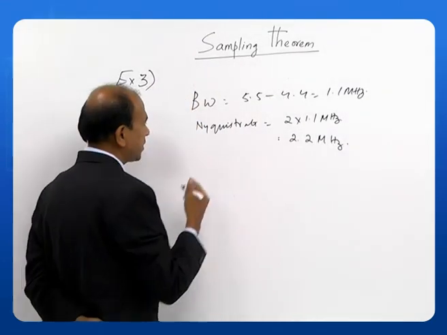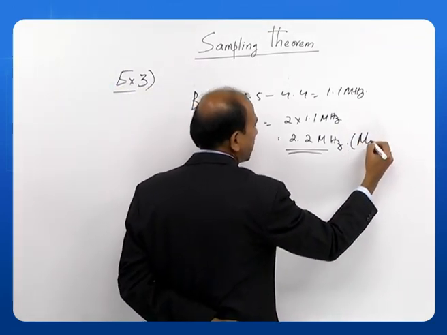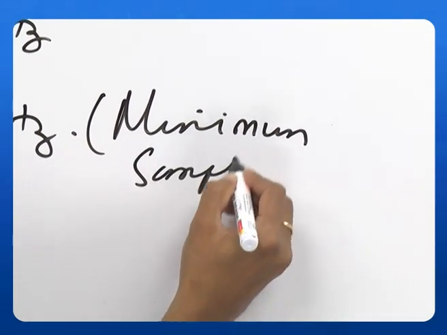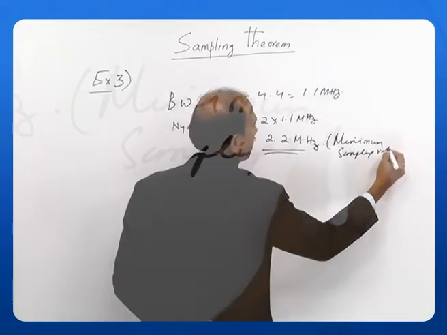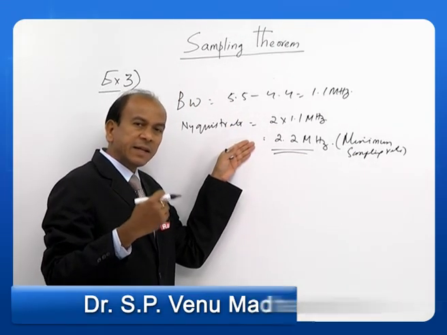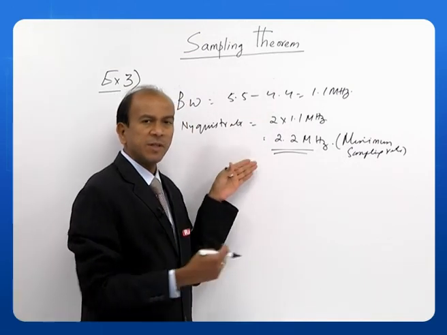This is the minimum sampling rate, because the Nyquist criterion says that it must be greater than or equal to 2 Fm, and we are taking it equal to 2 Fm, that is the lowest value.